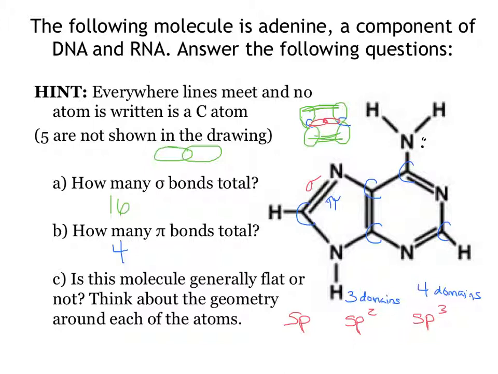You remember me saying that earlier? What can I use unhybridized p orbitals to do? Form what kind of bonds? Pi bonds. Yeah. So hybridization is related to bonding patterns. If you're sp2 hybridized, you have 3 domains. If you have only 3 domains, you're typically something like trigonal planar.